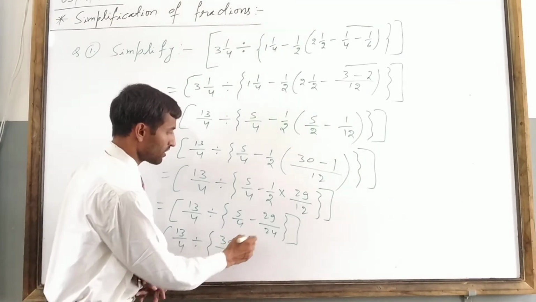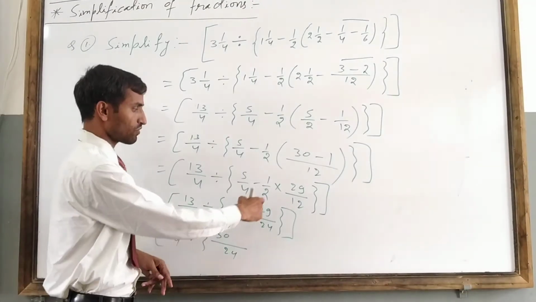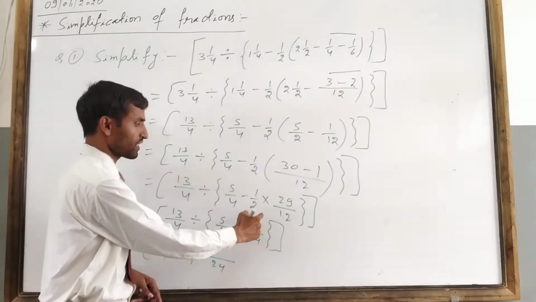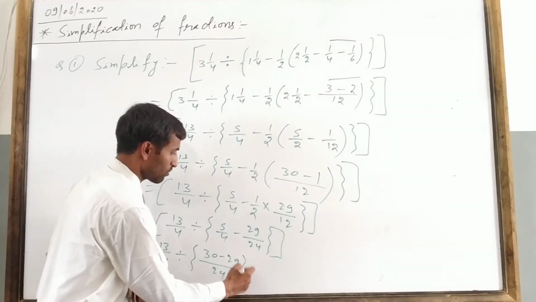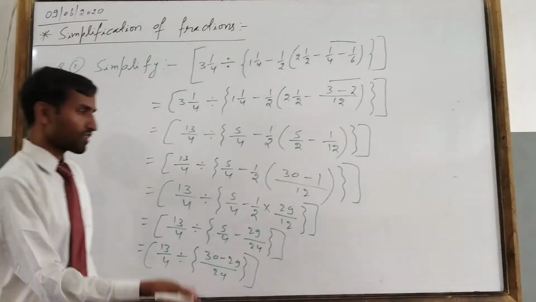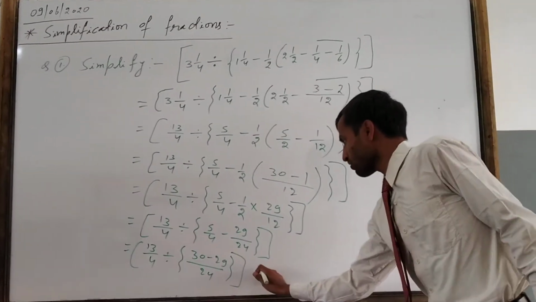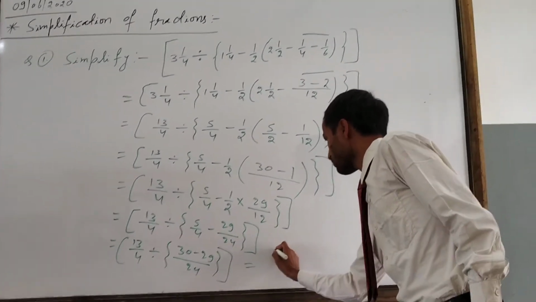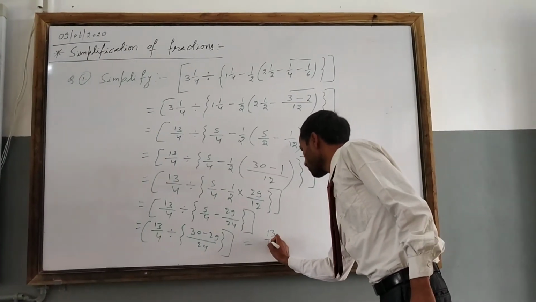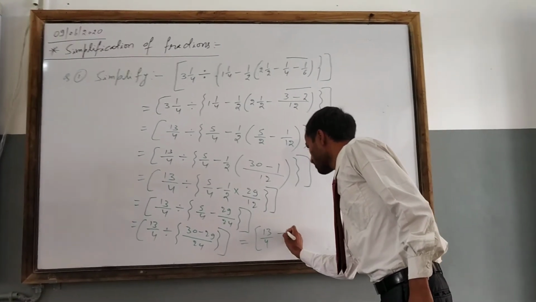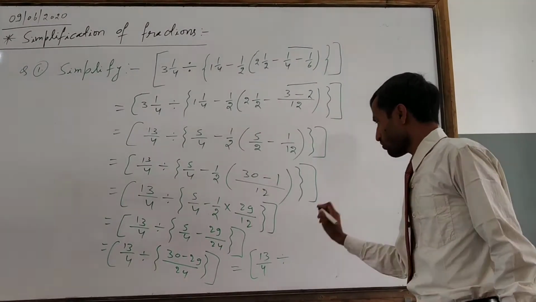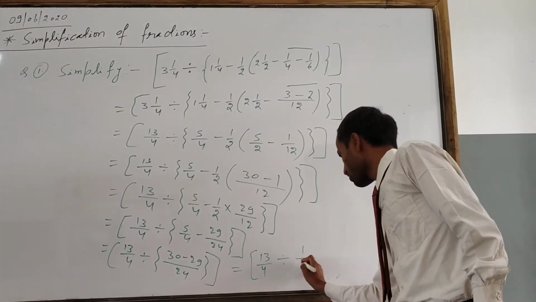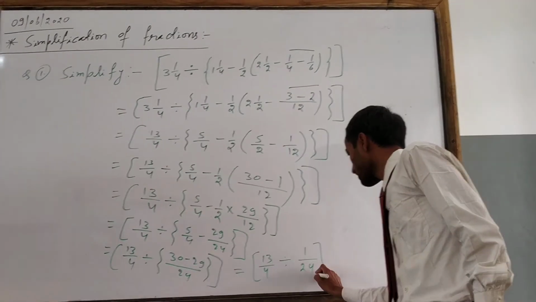So 30 will come here and 24 is the same, so no need to multiply anything, 1 will come, 29 into 1 is 29, so minus 29, curly bracket close, big bracket close. Then we go to the next step. The big bracket as it is will come, 13 upon 4 divide. Now subtract 30 minus 29, 1 will come, so 1 upon 24, and the big bracket will close.